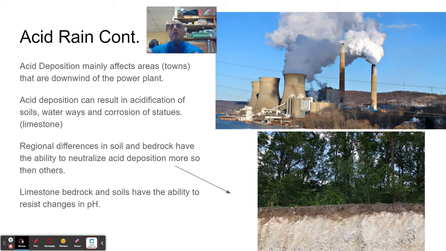Now, what area can make it more resistant towards acid deposition? Places that have limestone bedrock or a concentration of limestone in their soils can resist the changes in pH that would be brought upon by acid deposition.